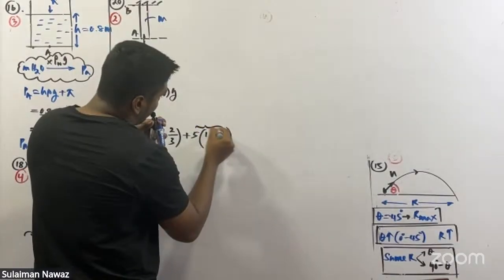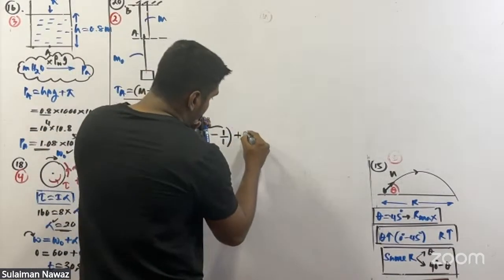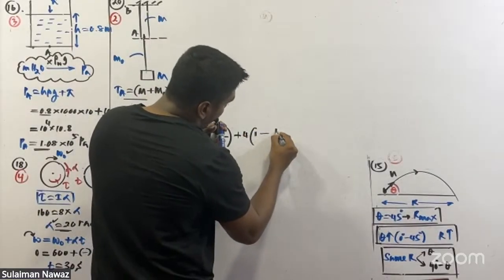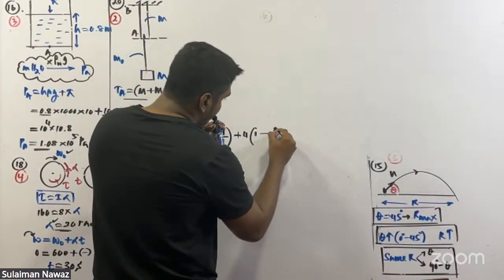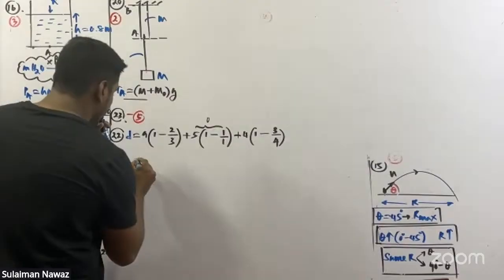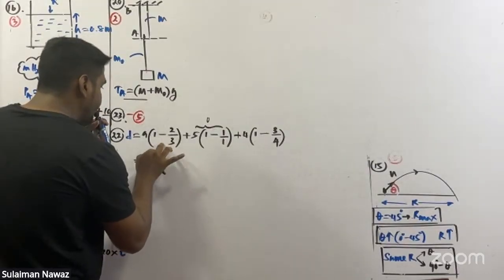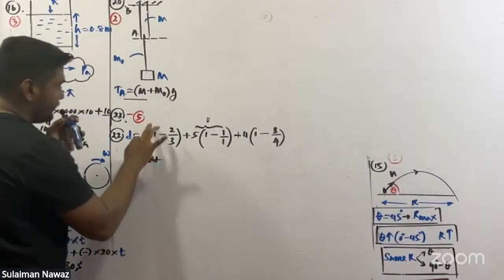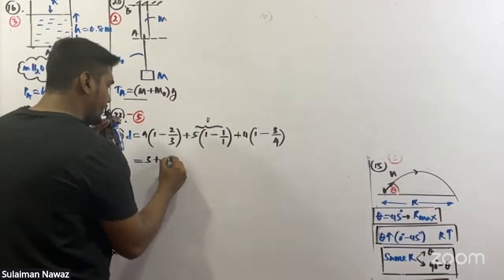Which is 0, plus then the water medium. Water medium thickness 4 centimeter, times 1 minus the refractive index of the surrounding medium, 1, over the refractive index of water, which is 4 over 3. Simplifying, here the denominator is 3, so 9 over 3 means 3 centimeter, 3 plus 0.